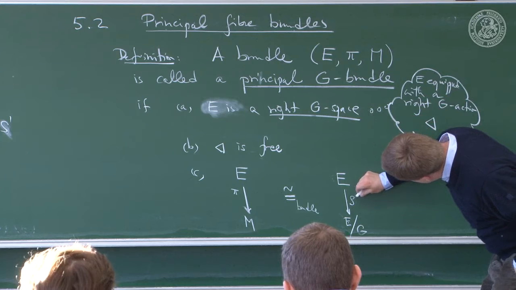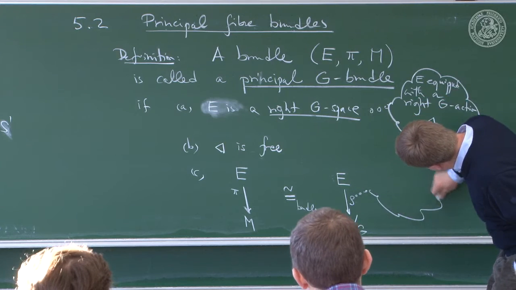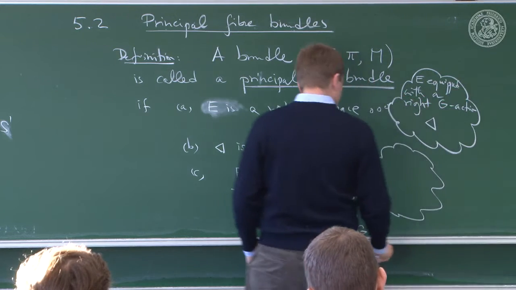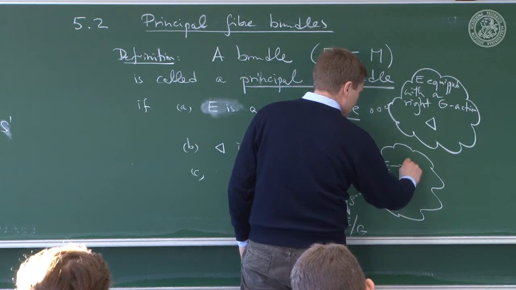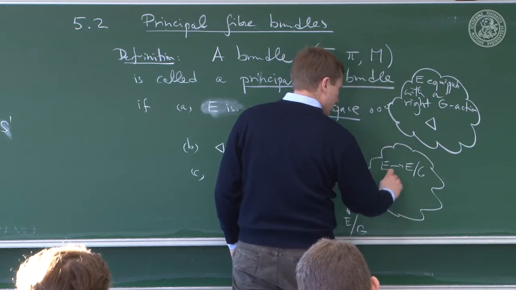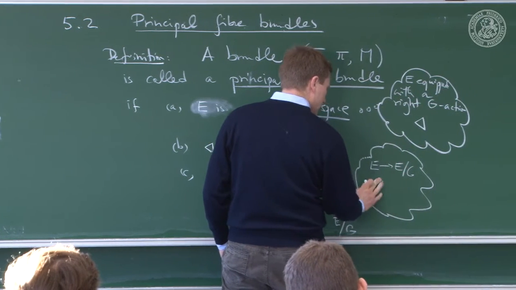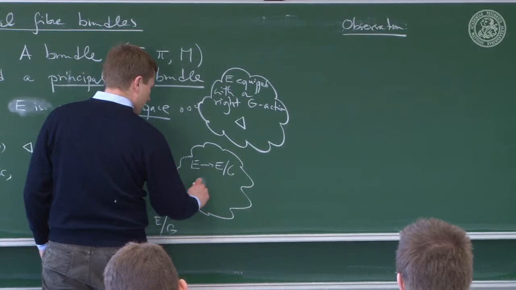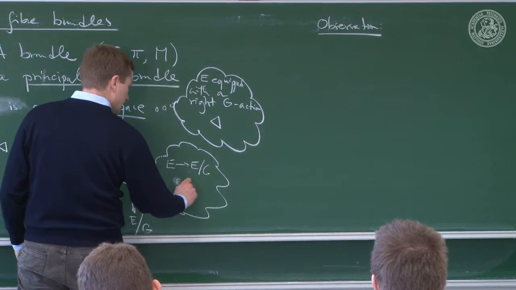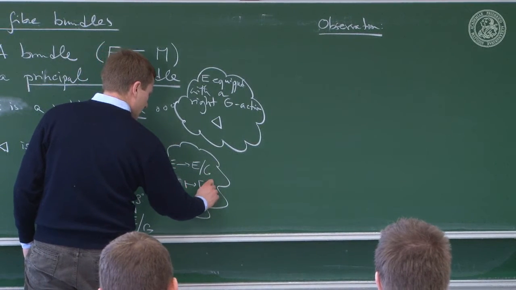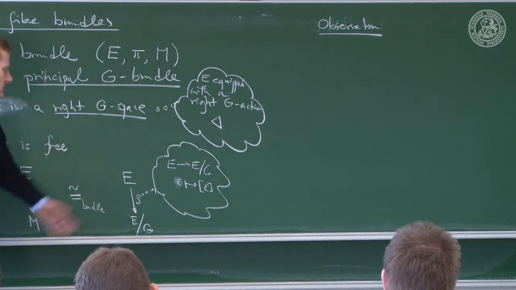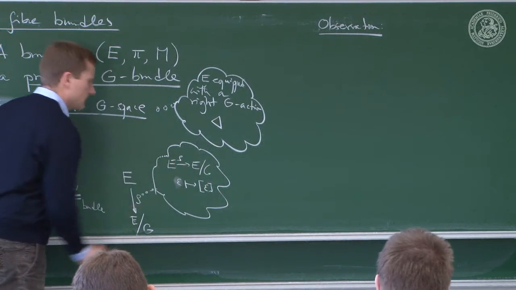So I should say, this rho is just a map from E to the quotient set. It takes a point, I don't know, epsilon in E, to the corresponding equivalence class. That's this map rho. Okay?